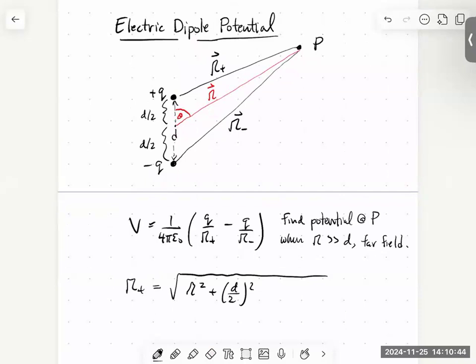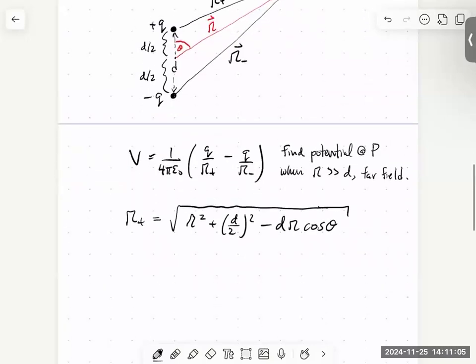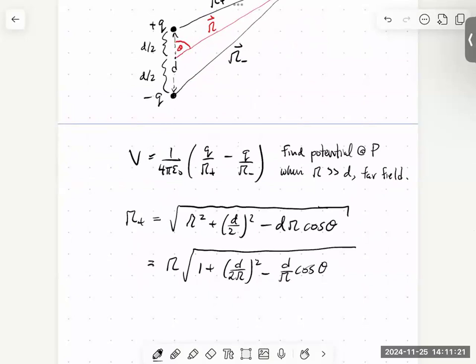But then we would have minus 2 times the product of those distances. But we have a d by 2, so that cancels the 2. So we get minus d times r times cos theta. That's the cosine law. We'll start by factoring out the script r. Again, there are no approximations yet. This is still exact. So it'd be 1 plus d over 2r squared minus d over r cos theta.